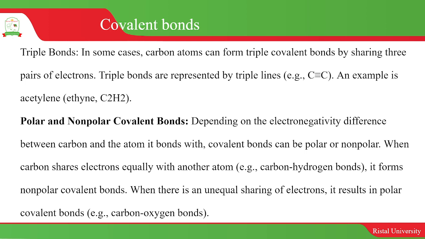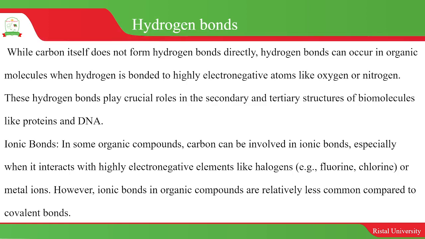If carbon shares electrons with another atom that has a different electronegativity, then you will have a polar covalent bond. So for example, the bond between carbon and oxygen is polar, because oxygen is more electronegative than carbon.